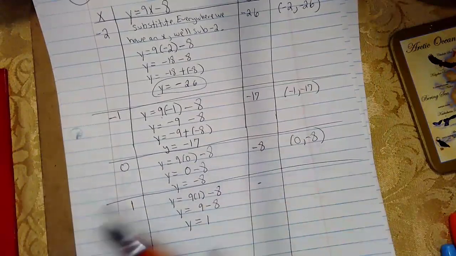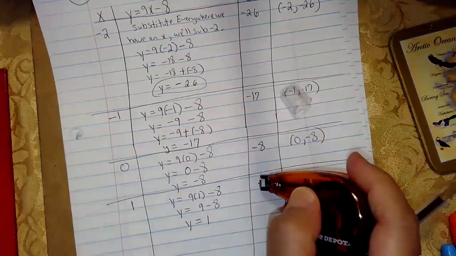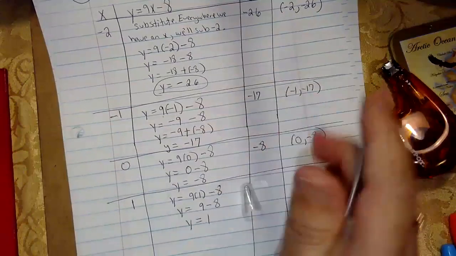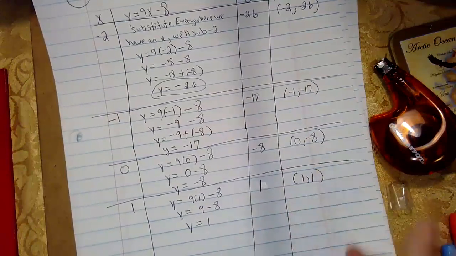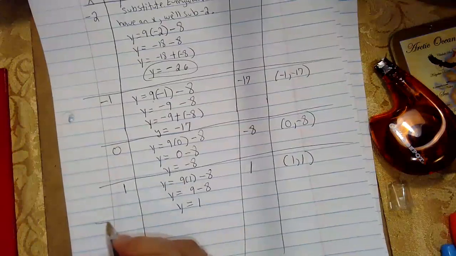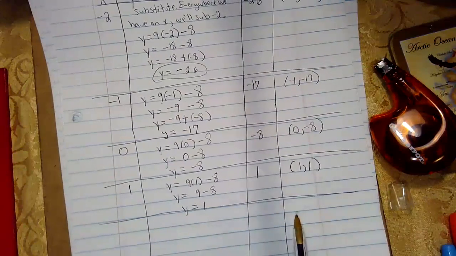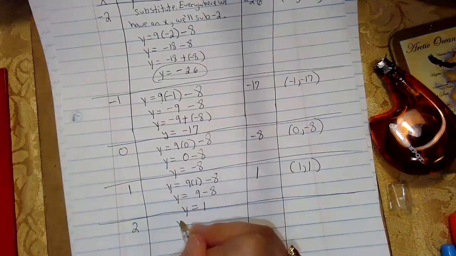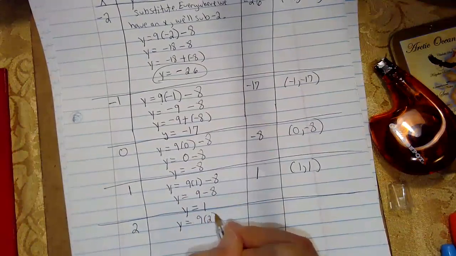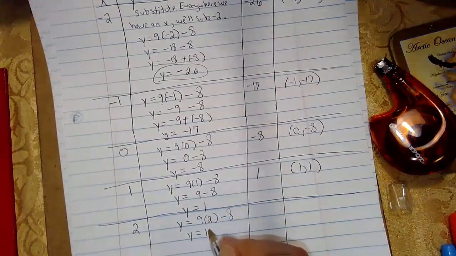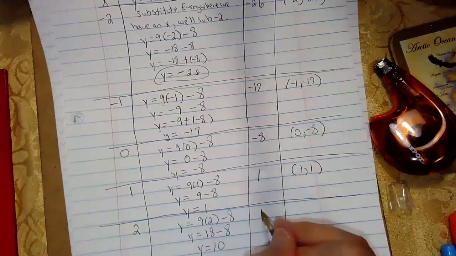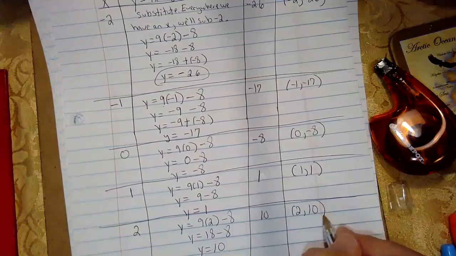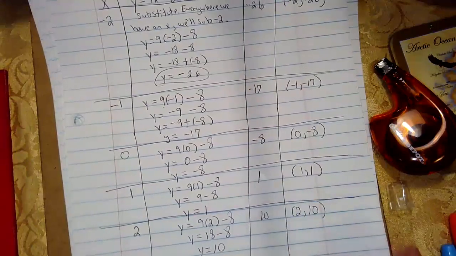So when x is 1, y is 1, so we have the ordered pair 1, 1. And then the last value they want x to be is 2. So y equals 9 times 2 minus 8. Y is equal to 18 minus 8. So y is equal to 10. So 2, 10. All right.